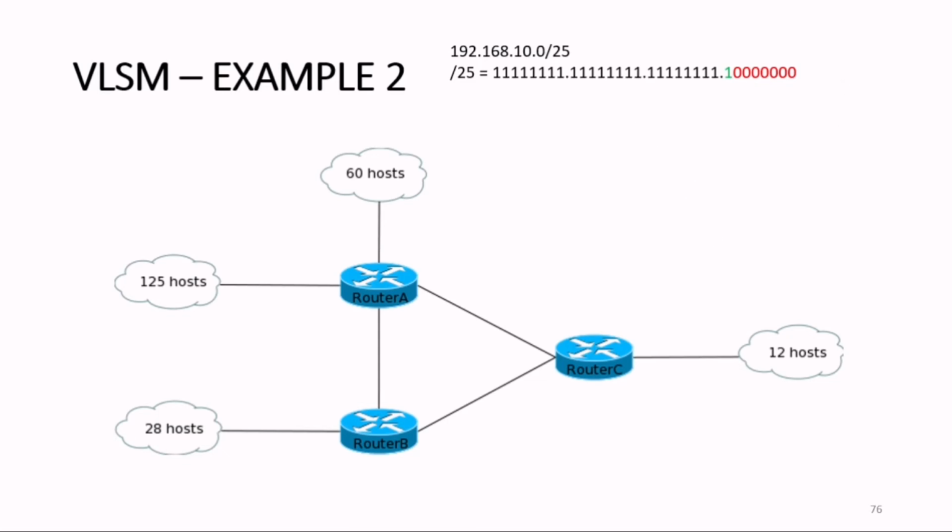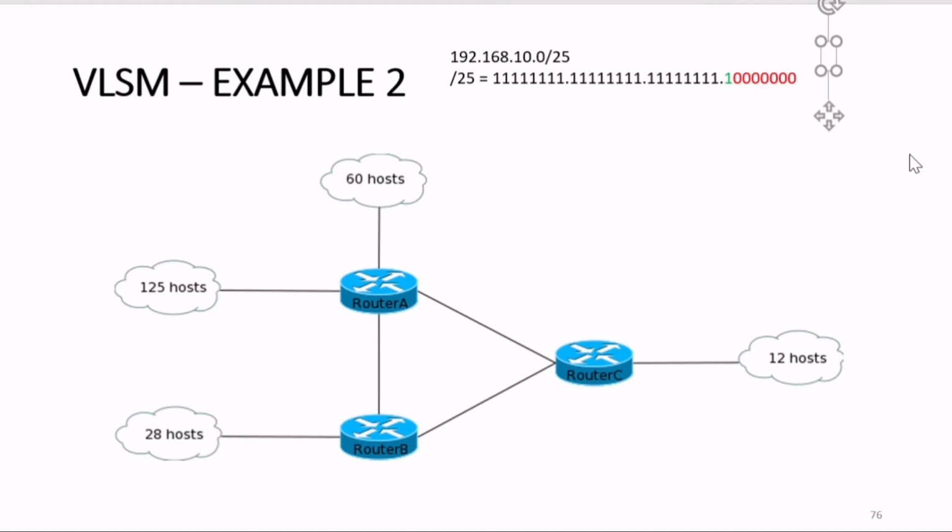So for this subnet mask, we know that the total host is 2 power of 7, which is 128 hosts.